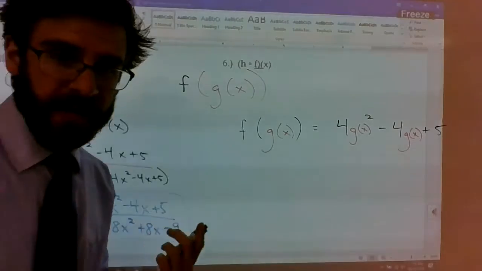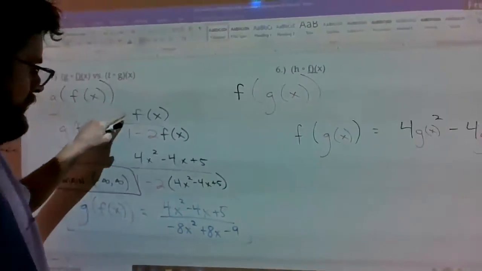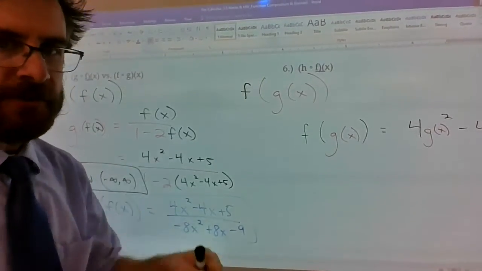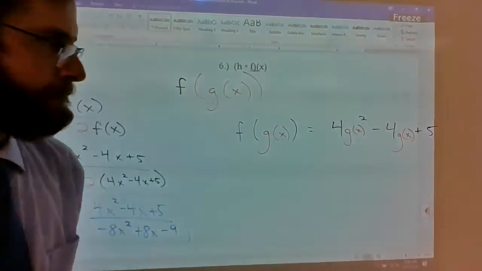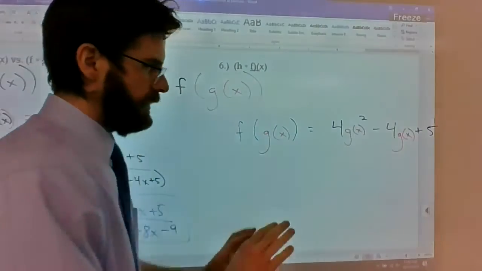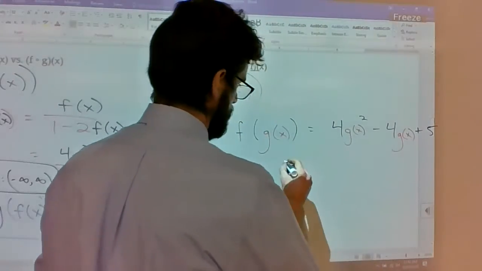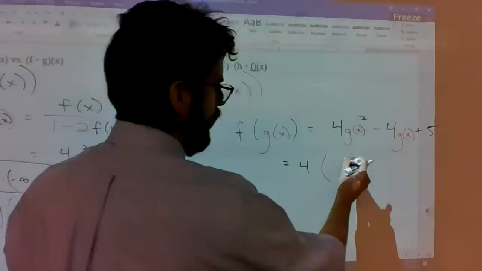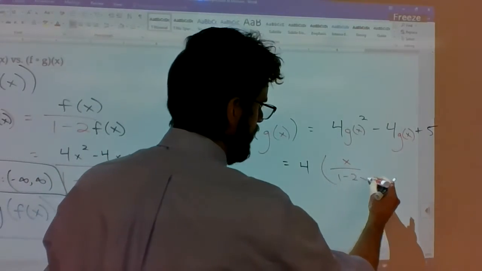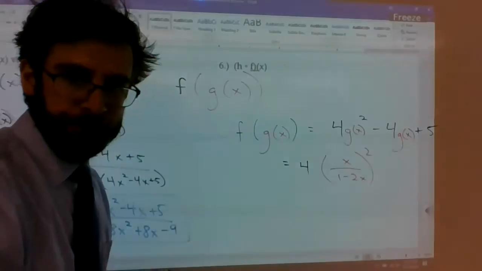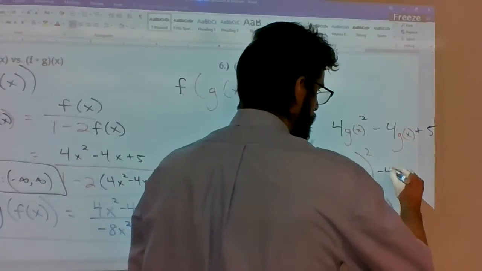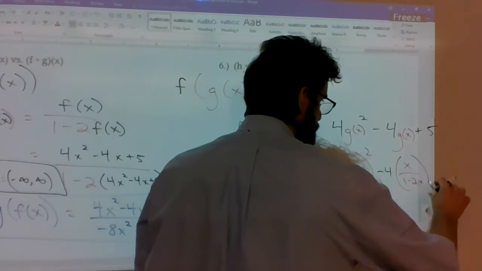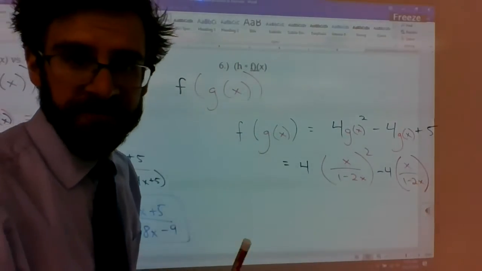So I'm squaring this entire function, x over 1 minus 2x. So, 4 times x over 1 minus 2x squared, minus 4 times x over 1 minus 2x, and then you add 5 on the end of that.